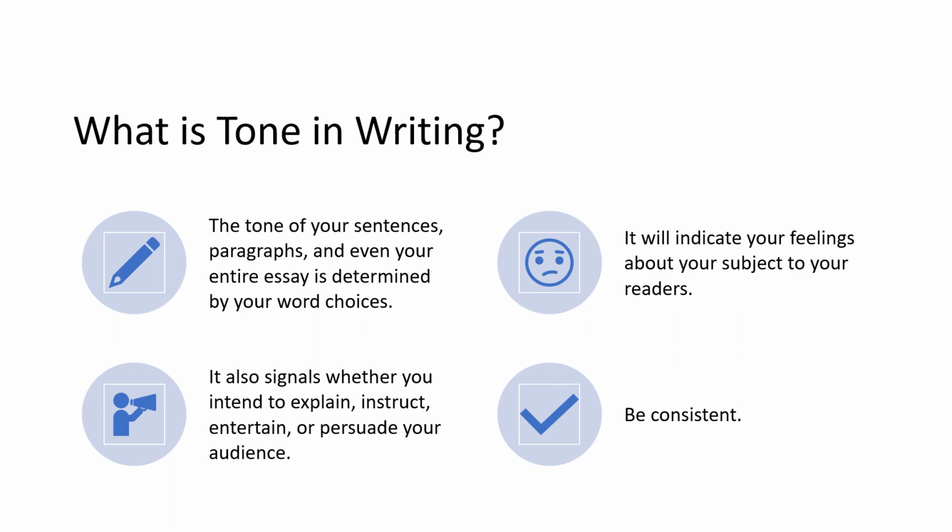And since it will determine your intention, you need to be consistent. So, for example, in the introduction, you would use strong words to compel your readers of a particular stance. Then the rest of the essay should also contain words which are compelling, argumentative, or persuasive, but not in an aggressive way.